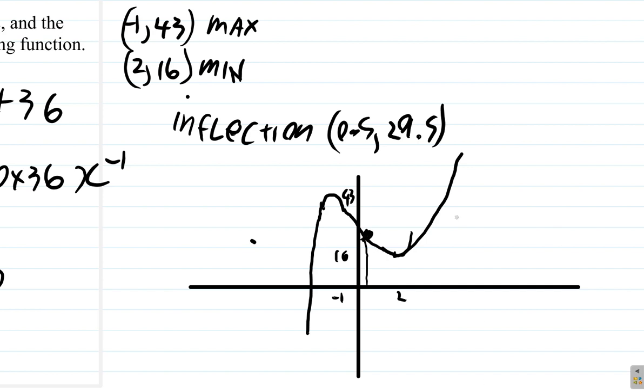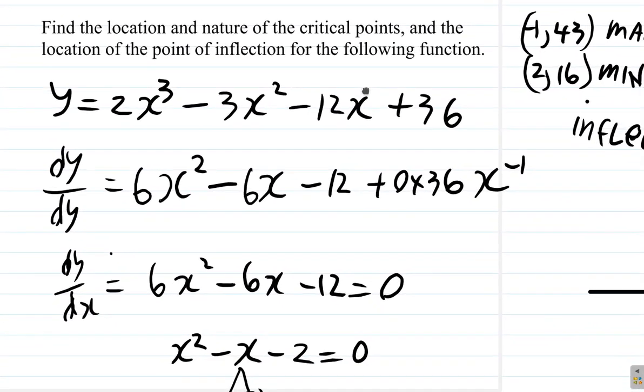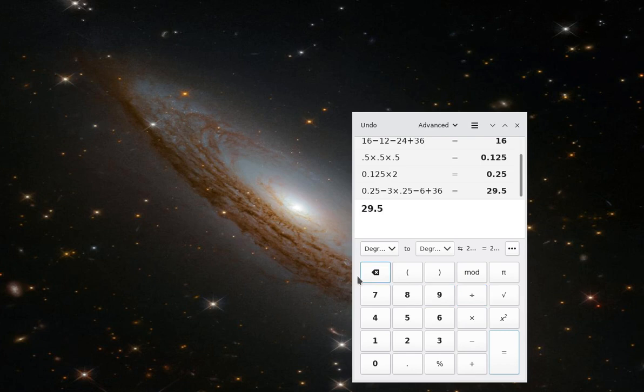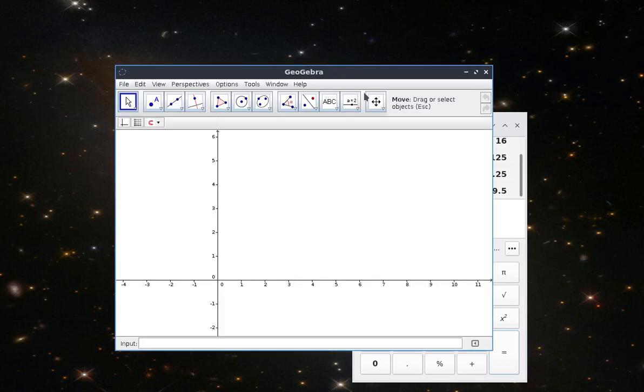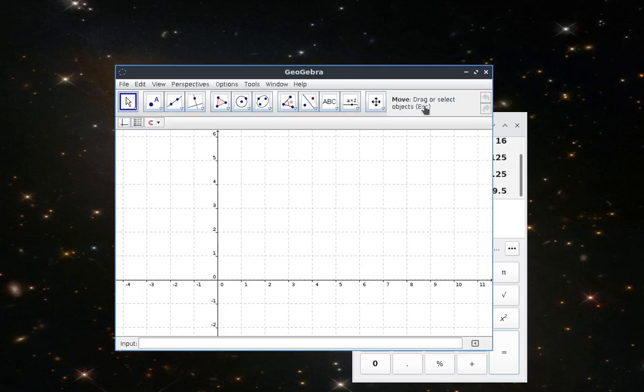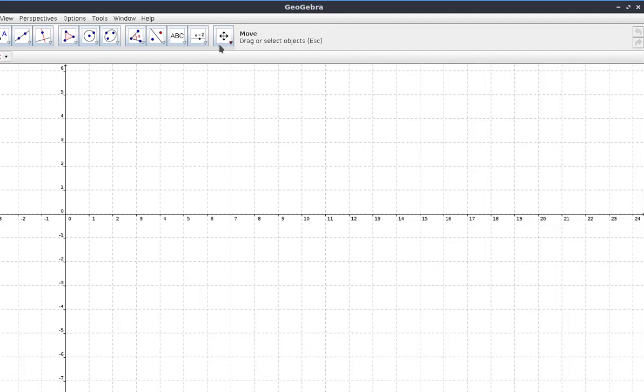Anyway, let us use our graph plotter to plot this graph and see what it looks like. Right, we have the GeoGebra graph plotter.